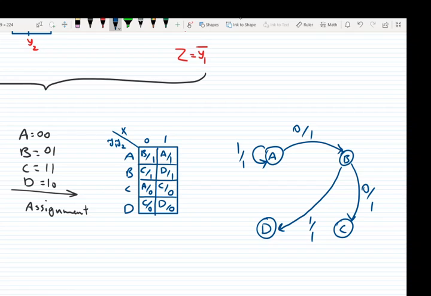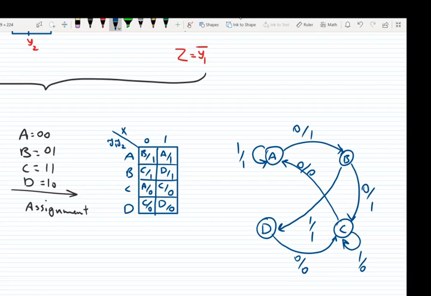If state is C, input is 0, the state changes to A and the output will be 0. If state C and input is 1, no state change and output is 0. And finally, if we are in state D, input is 0, it changes to C, output is 0.